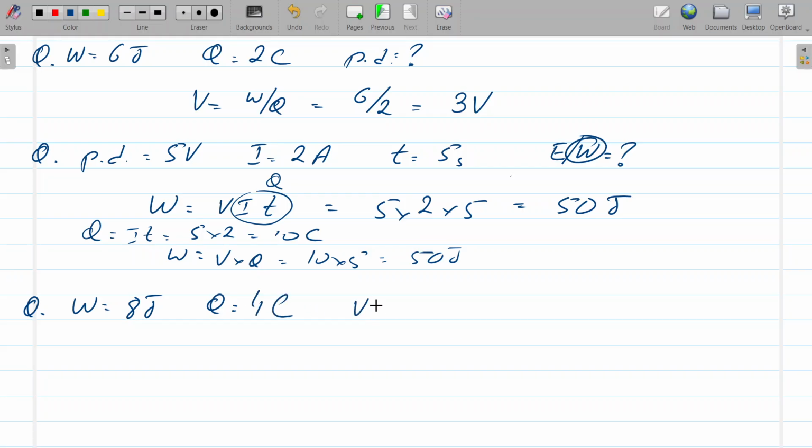And they're asking you for the potential difference. So again, what equation are we using? V equals to W over Q, which will give us 8 over 4, and the answer will be 2 volts. So this is pretty basic, isn't it?